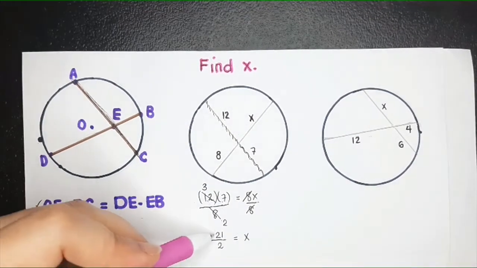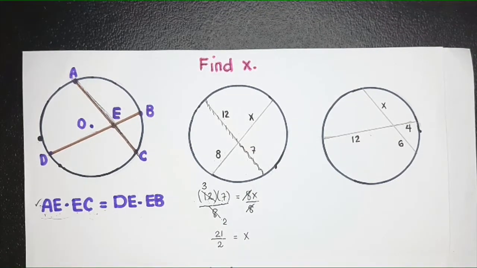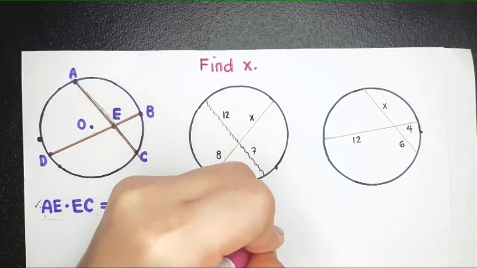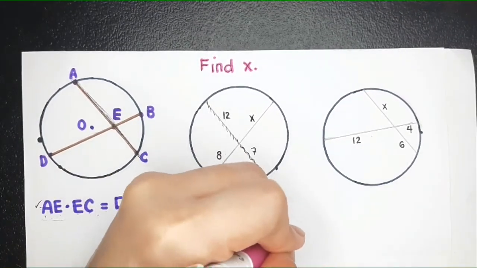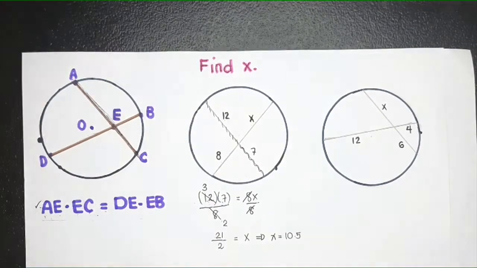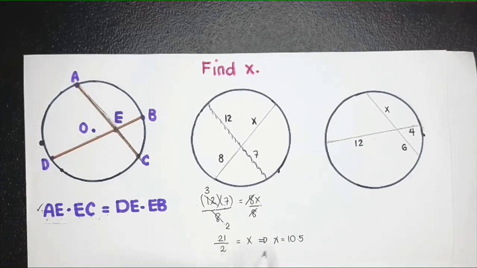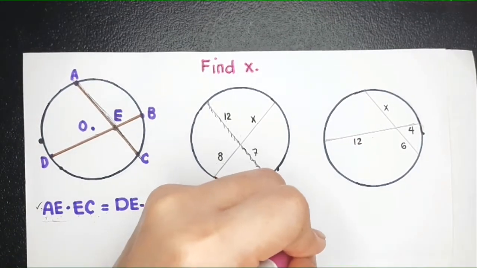Kung gusto nyo pang i-simplify ito, 21 divided by 2, pwede naman. X is equal to, 21 divided by 2 is 10.5. So, x can be 21 over 2, or x can be 10.5 units.